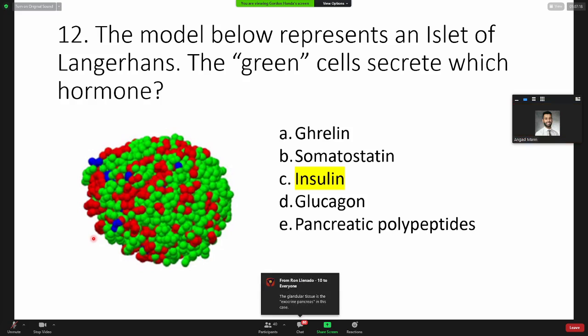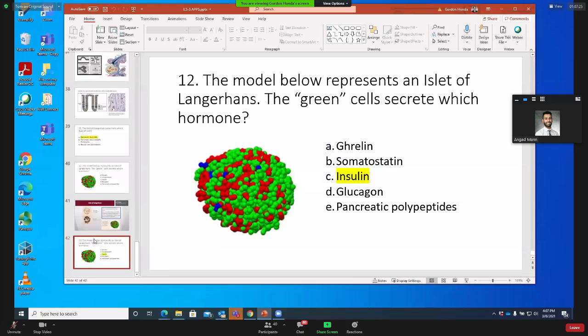Yeah, Dr. Honda? Number 11, just to clarify, you said the answer is pancreatic duct cells, but also partially exocrine cells? No. What I'm trying to say is that the exocrine pancreatic cells arise from duct epithelium.